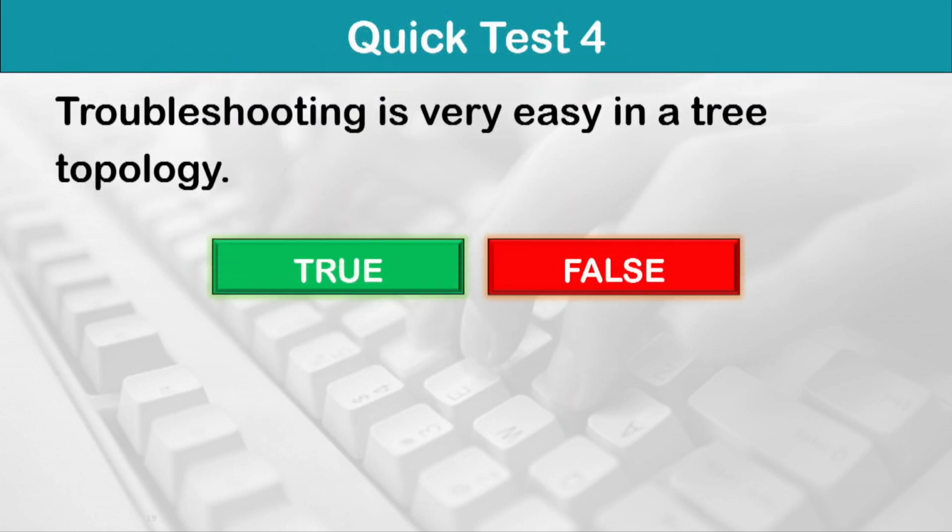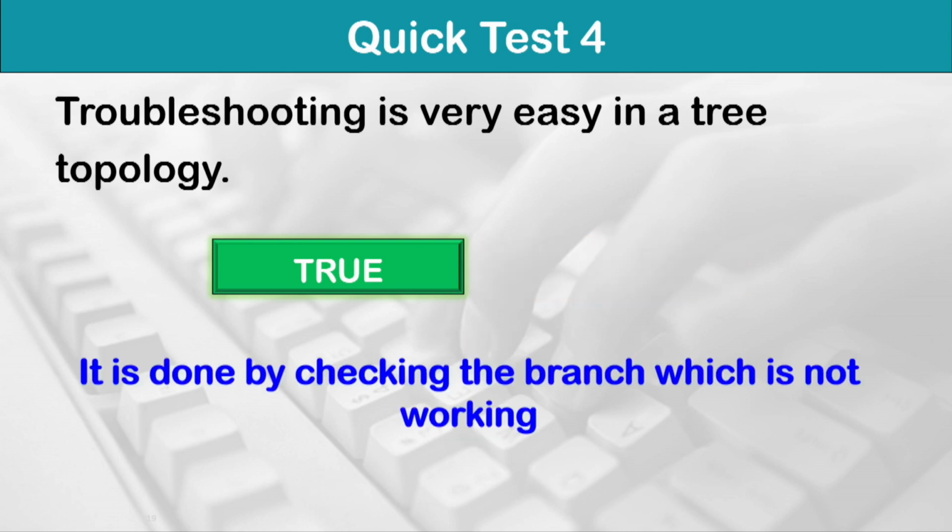Next question. Troubleshooting is very easy in a tree topology. True or false? The answer is true. It is done by checking the branch which is not working.